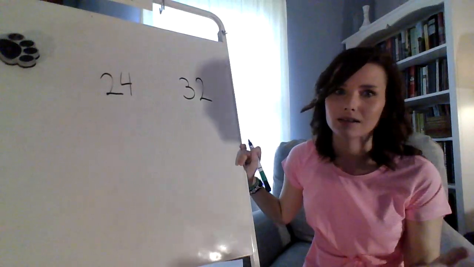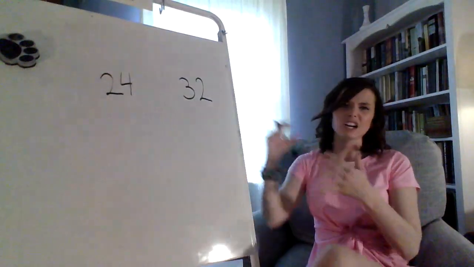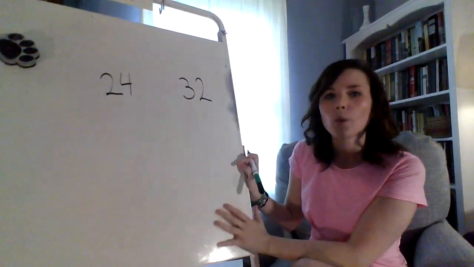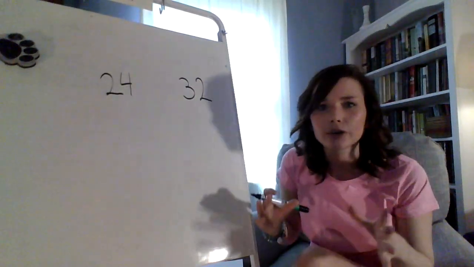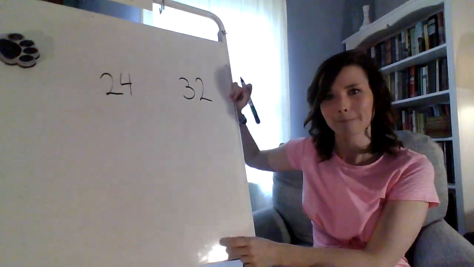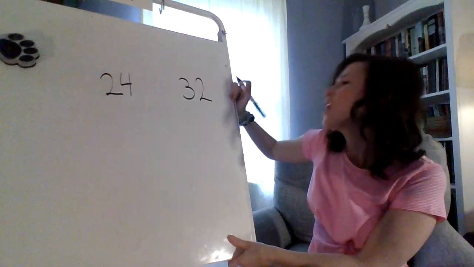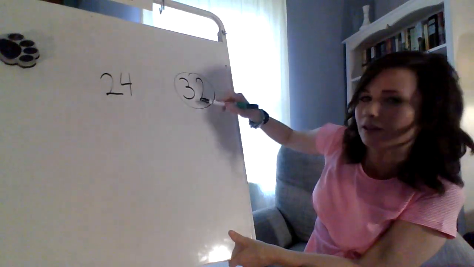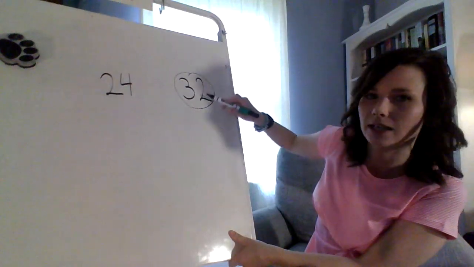I'd like you to color the greater number because I can't color on the whiteboard. It's too tricky. All right, so I have 24 and 32. Which number is greater? Bigger. Greater. 32. Nice. Why don't you color that in? Color that chicken.